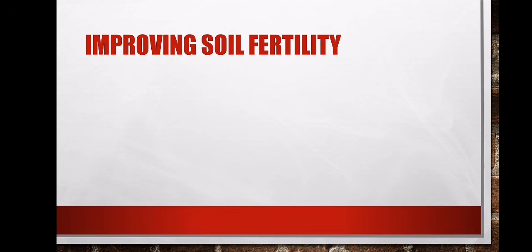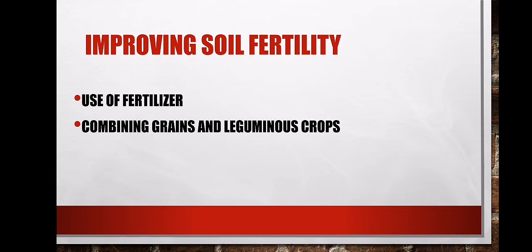Let's talk about this one. Improving soil fertility. It's use of fertilizer. You just add fertilizer there, and then the fertility of the soil can be improved. We can also combine grains and leguminous crops. Remember that leguminous crops have bacteria in the roots, the bacteria that can be used to fix nitrogen.